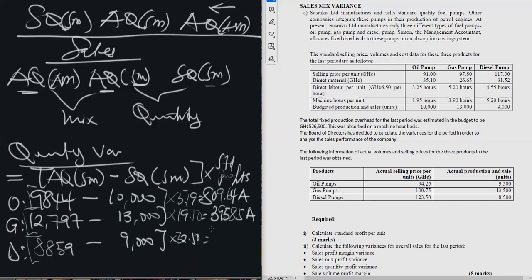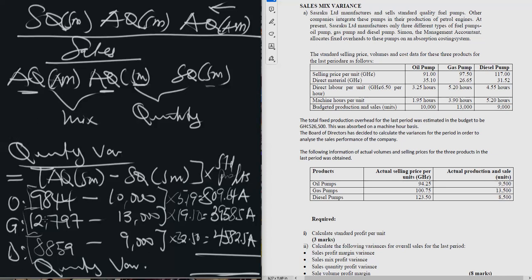You end up with 4,582.5, also adverse. So all the sales quantity variances were adverse.